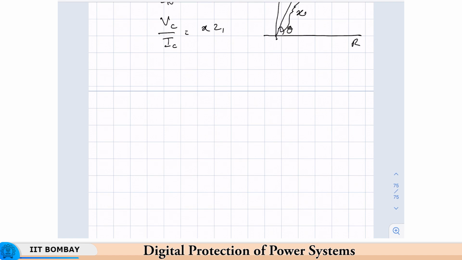You can call this also as x for the sake of completeness, and then similarly delta VA, delta VB, delta VC, and the currents IA, IB, IC.